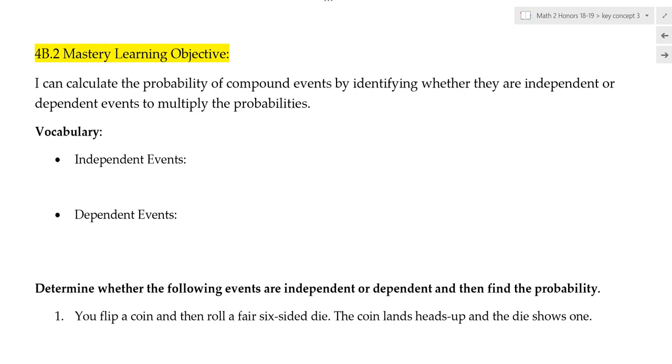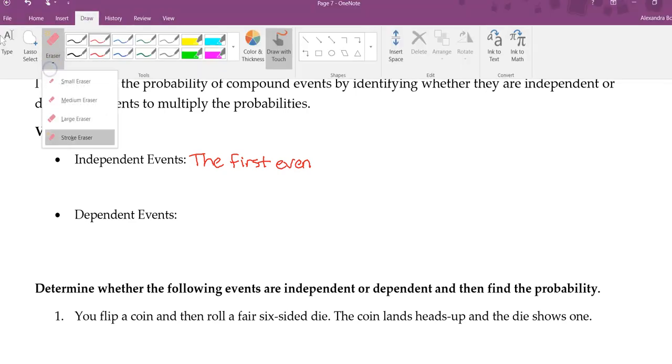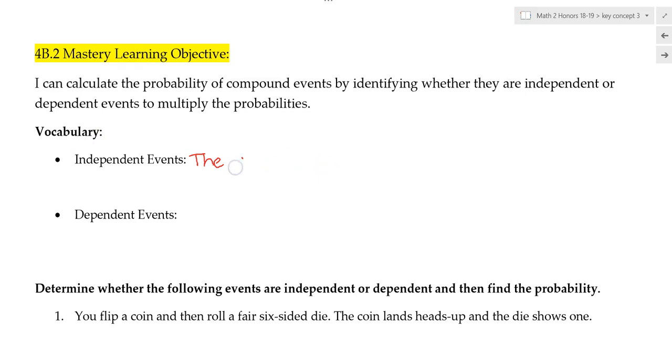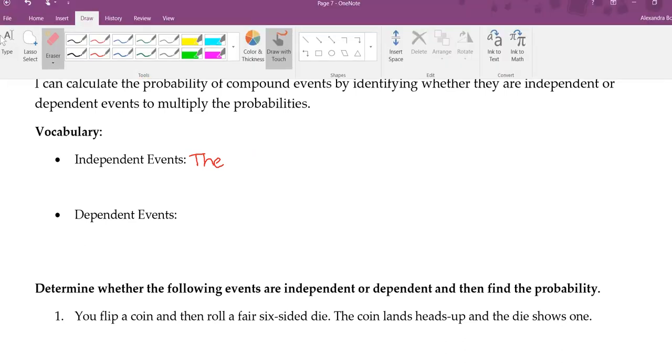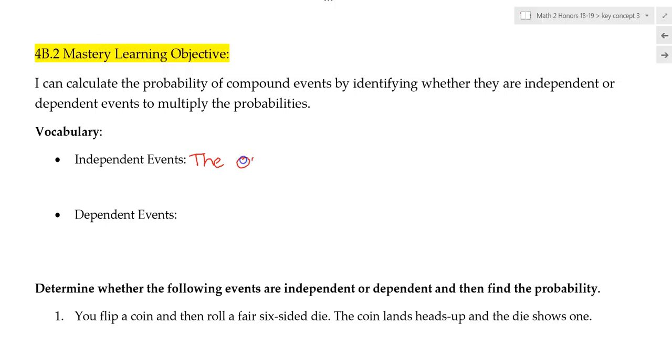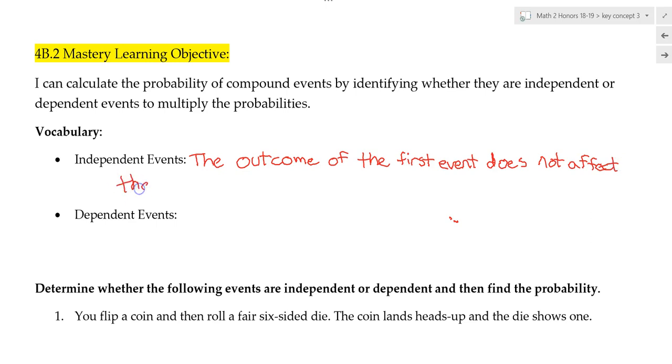So independent events is when the outcome of the first event does not affect the outcome of the second event.